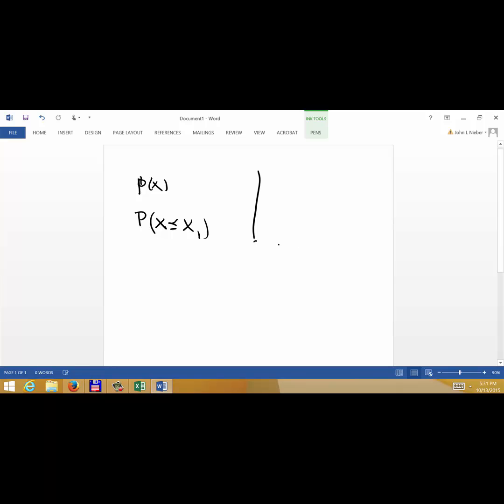So if the x distribution is given by this, let's say it has a shape like this, it doesn't have to be a bell-shaped curve. We would take a value of x1 and we'd find the area to the left here, and remember the area under the whole curve is equal to 1.0.